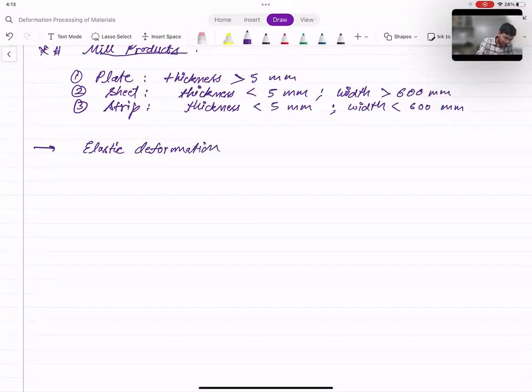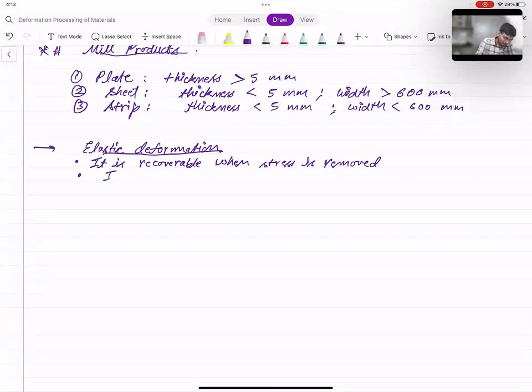Elastic deformation is a reversible or recoverable type of deformation, which is removed when the applied stress or load is removed. It is recoverable when stress is removed. It is a temporary type of deformation.